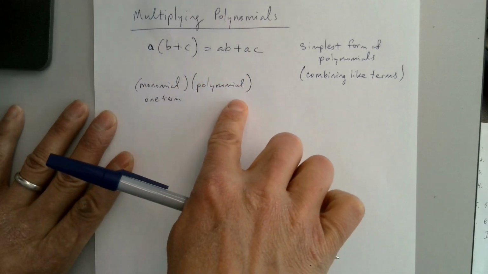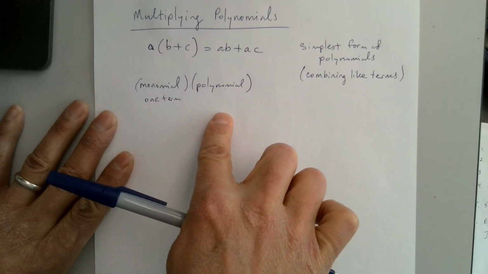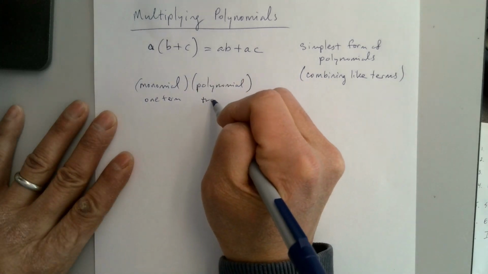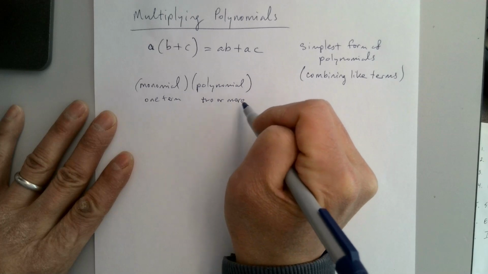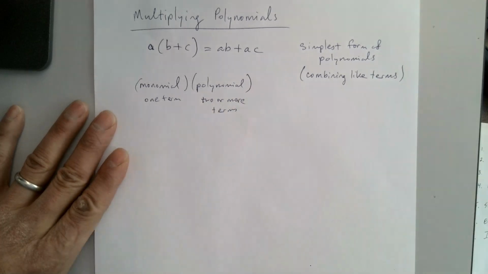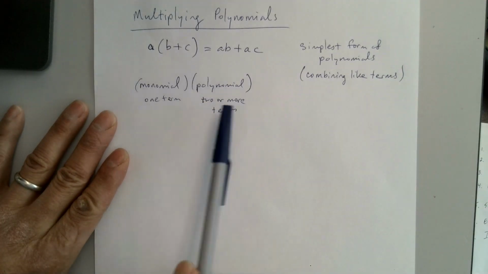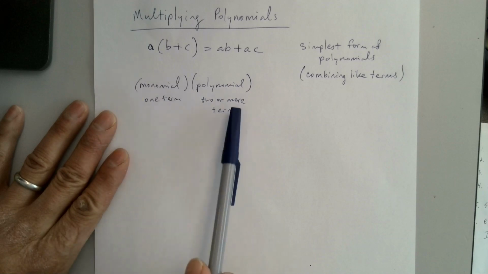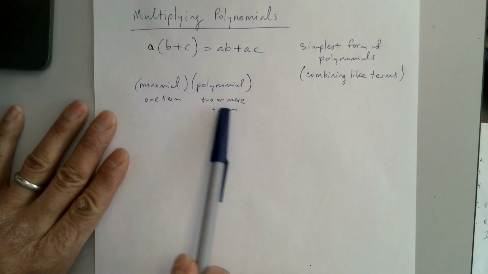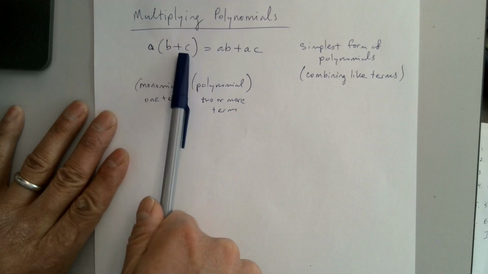And the polynomial is a sum or difference of two or more terms. So if you picture what that looks like, one term times the sum or difference of two or more terms, it's going to look something like this.